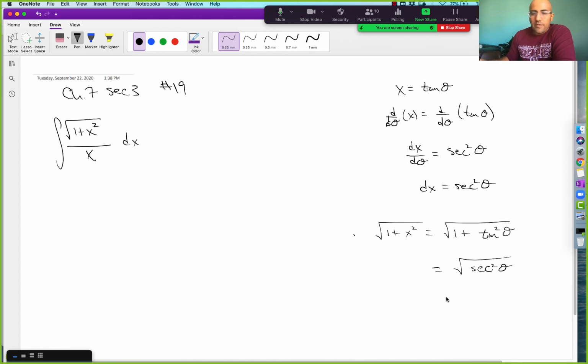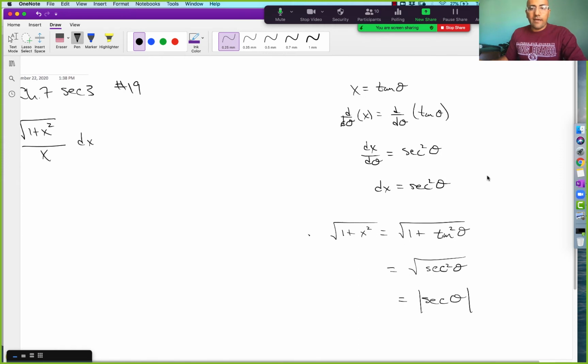That's just the absolute value of secant theta, since something squared and then square rooted is an absolute value. But back when we defined x equal to tangent of theta, we needed to restrict the domain of theta. It couldn't be just anything. Theta is restricted to be between negative pi over 2 and positive pi over 2.